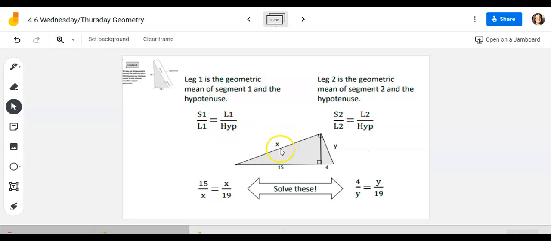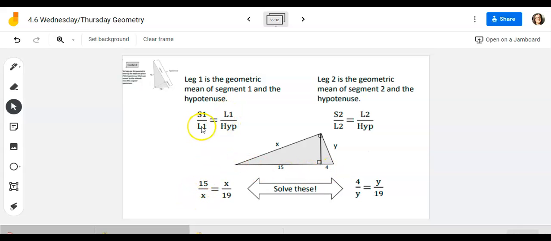You could call X leg 1 and Y leg 2. It doesn't matter. That's kind of how we did it here. We said leg 1, segment 1. So if this is leg 1, segment 1 is the closest segment to it. And then the whole hypotenuse is 15 plus 4, which is 19.